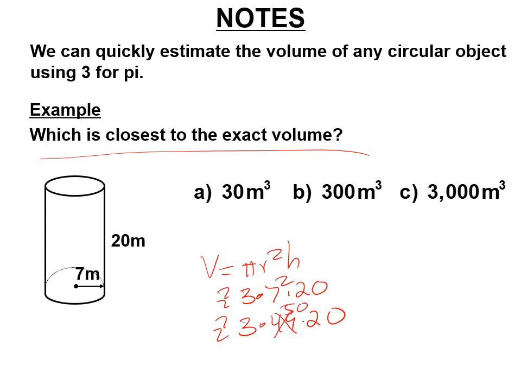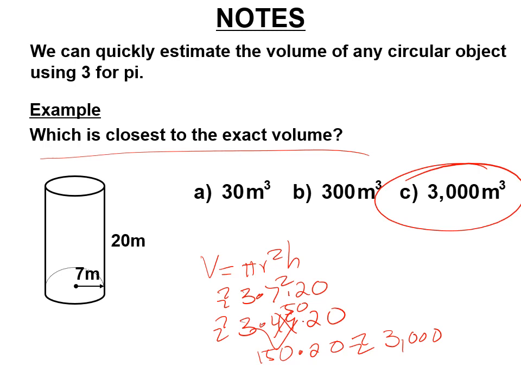So let's save ourselves some work there. 3 times 50 is 150. 150 times 2 is 300. And 300 times 10 is 3,000. This is approximately 3,000 cubic meters, right? Pi is a little more than 3, so the real answer is a little more than 3,000, but you can estimate it using 3 in many situations.